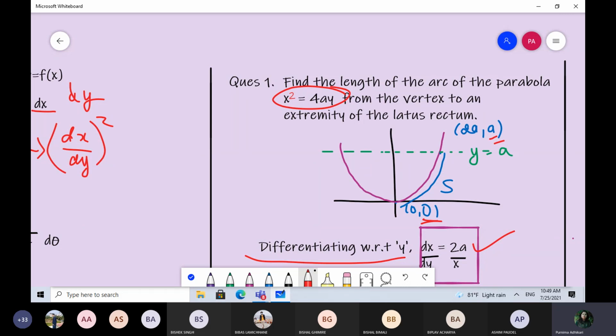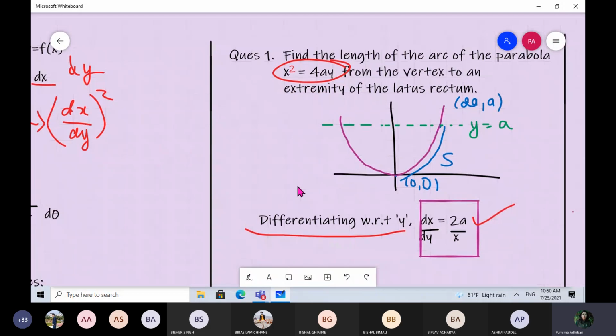How is your y changing? So you're looking for the length from this point till this point. Looking at these two points, the y coordinate changes from 0 to a, so your change in y is 0 to a.